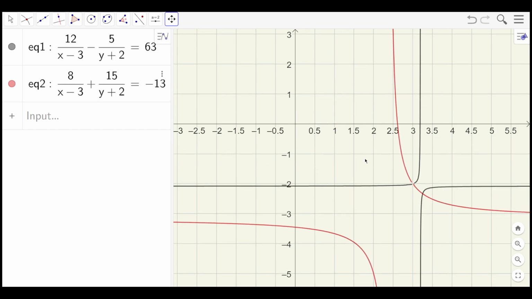Anyway, you see, the intersection points are not that clear. So you cannot read it even if you have access to the graphing tool. Do you understand that? So the red ones, both of them together is the graph of this. And the black ones together is the graph of this. It has two branches, each one of them.